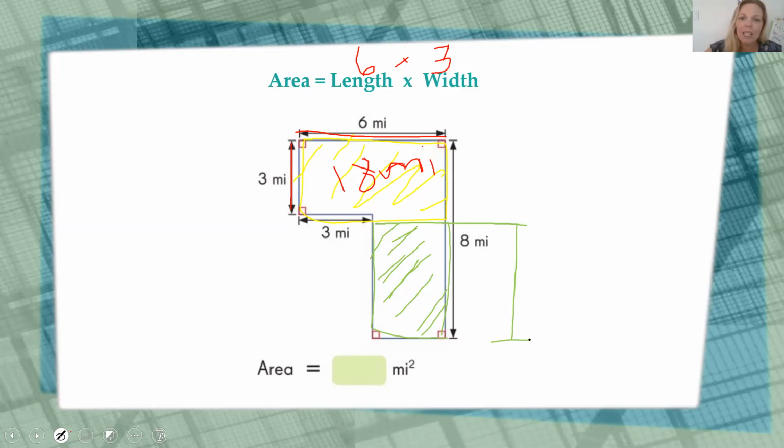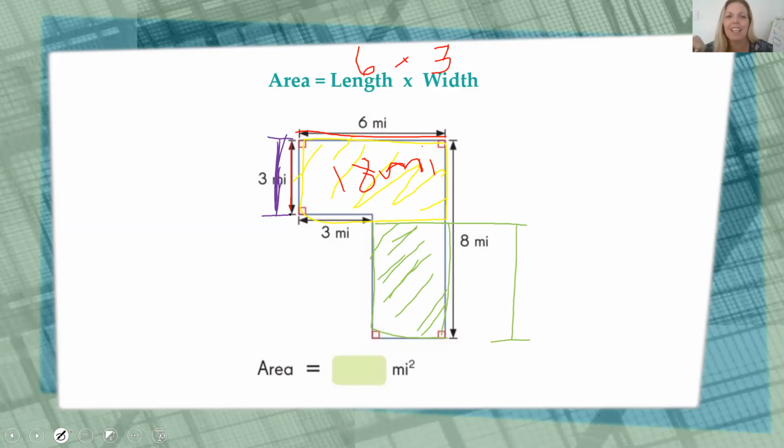What I do see right off the bat is this portion at 3 miles. I can take what I know about a rectangle: it has two sides that are parallel, and the parallel sides are the same measurement.